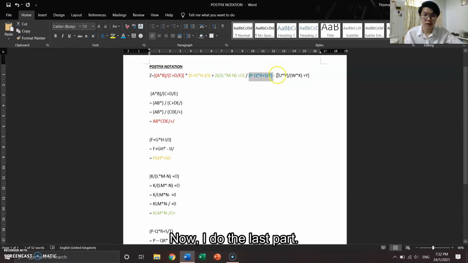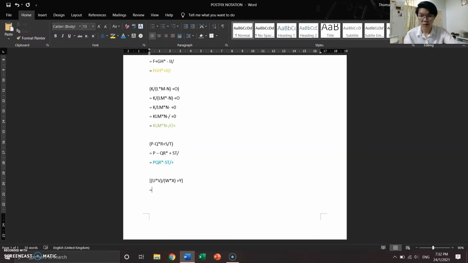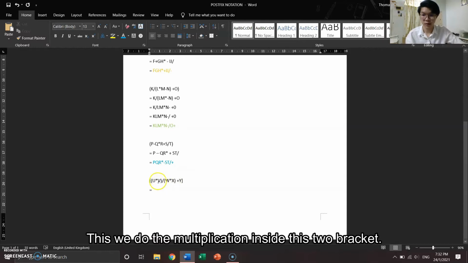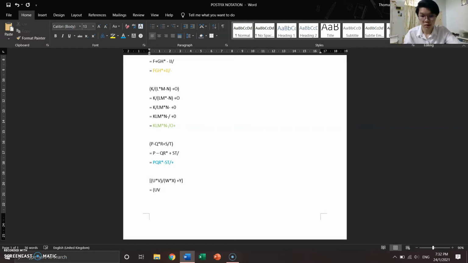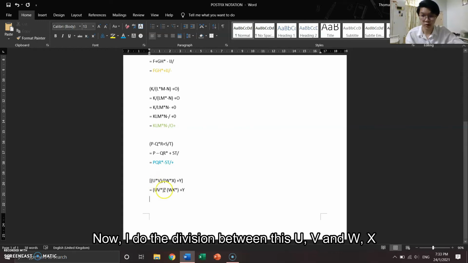Okay, now I do the last part. We do the multiplication inside these two brackets. Slash, wx multiply, plus y remains. Now I do the division between this uv and wx.